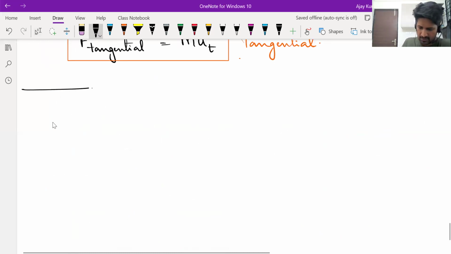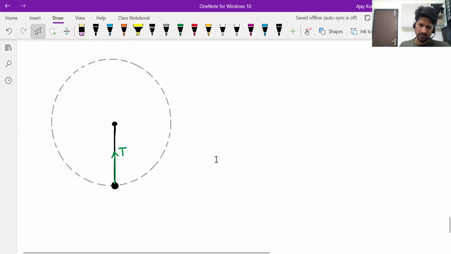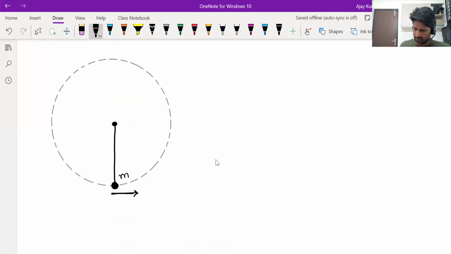Let us do calculations based on all this now. Object is moving in a circle. Okay, you know what forces act on it. It is moving in a vertical circle. Let's say its mass is m. It's moving with a speed v at this moment. When it is at the bottommost position, let's say it is moving with a speed v. Assume the mass is 200 grams. The speed with which it is moving is 5 meters per second.